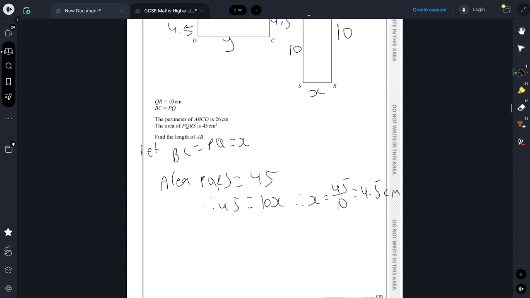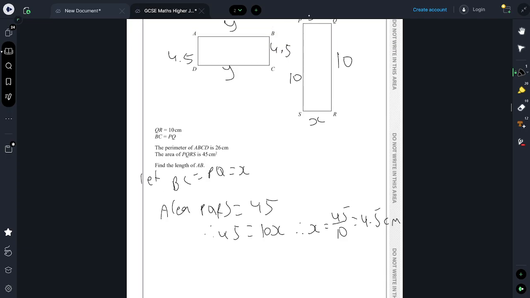But then we're given this information. The perimeter of this rectangle is 26. So obviously the perimeter, remember, is just adding all the outside edges together. So that means that 4.5 plus 4.5 plus y plus y has to be 26.